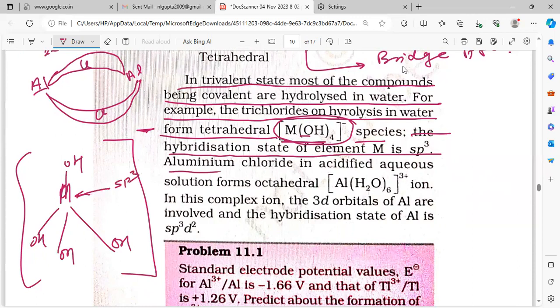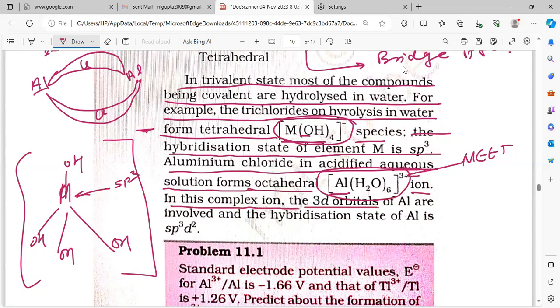Now see, aluminum chloride in acidified aqueous solution forms the octahedral [Al(H2O)6]3+. This was asked in the NEET exam. Aluminum has d orbitals, being a third period element, so it can extend its octet. In this complex ion, the 3d orbitals of aluminum are involved in the hybridization.